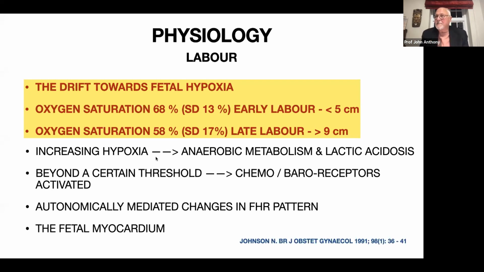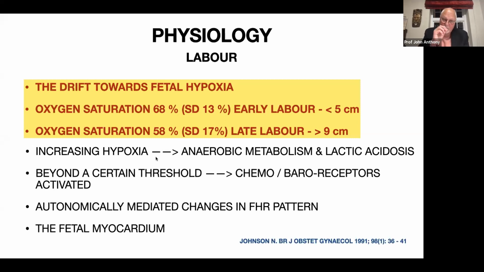And the baby therefore becomes hypoxic and acidotic. And when that happens beyond a certain threshold, it triggers in the fetus an autonomic response that involves both the chemoreceptors and the baroreceptors, and it leads to an autonomically mediated change in the fetal heart rate pattern. And obviously, hypoxia, if it's severe enough, can also directly affect the fetal myocardium.